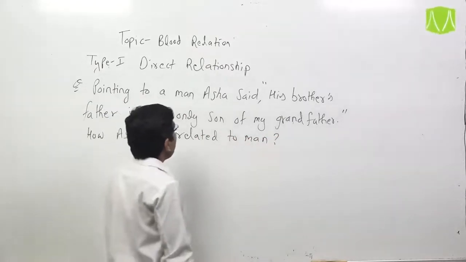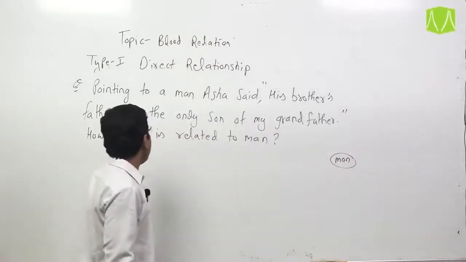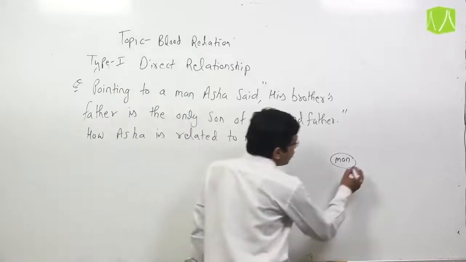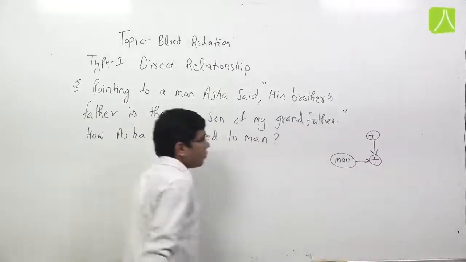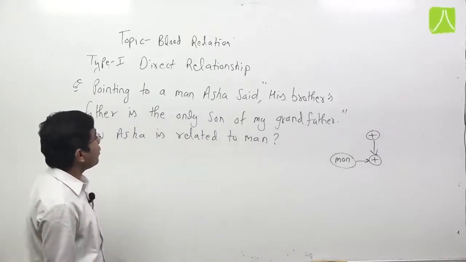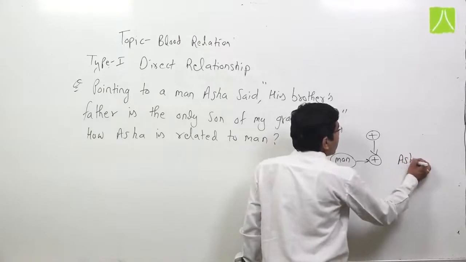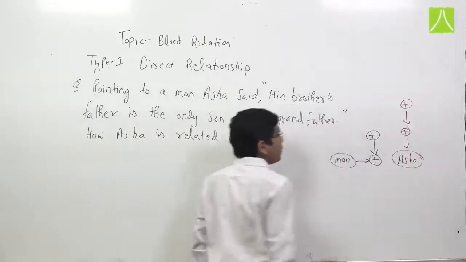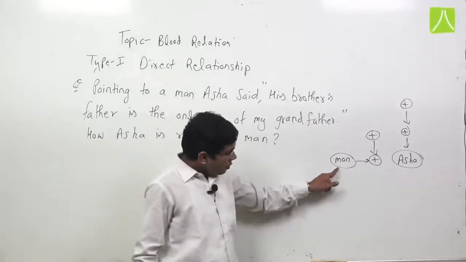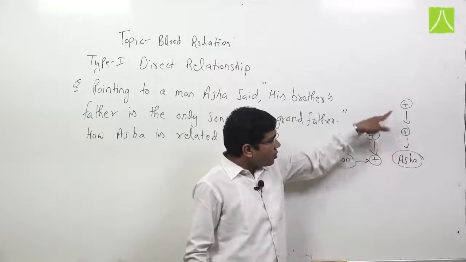According to the question, pointing to a man, Asha said, his brother's father, the father of his brother, is the only son of my grandfather. That means his brother's father is the only son of Asha's grandfather.